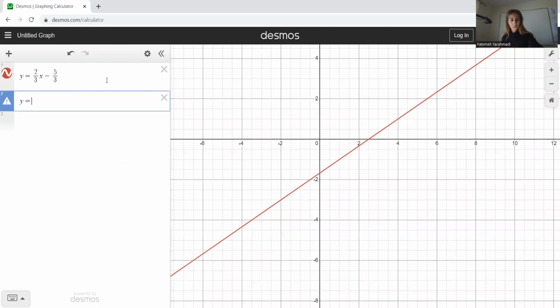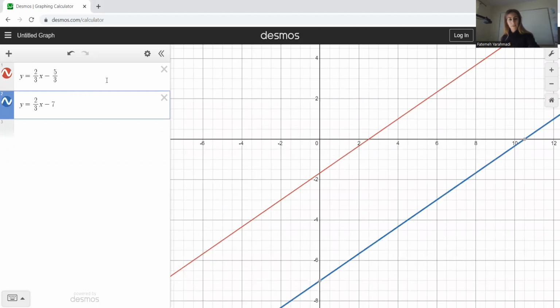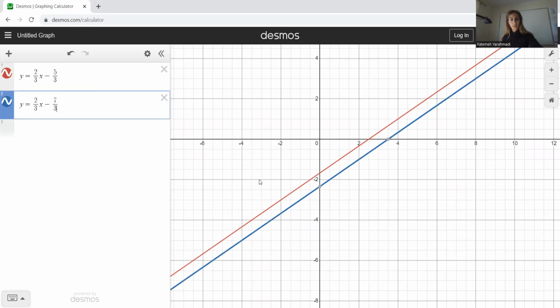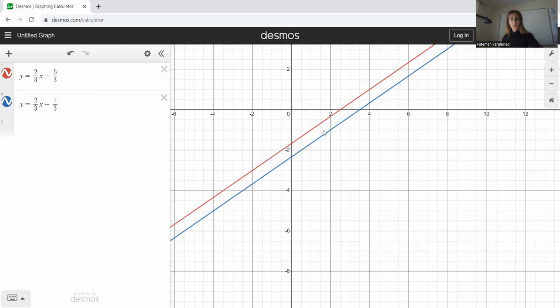Since it's parallel, they have the exact same slope, and we found -7/3. Very good. Take a look at these two lines. These two lines are parallel to each other, and as you can see, the slopes are the same, but the y-intercepts are different from each other.